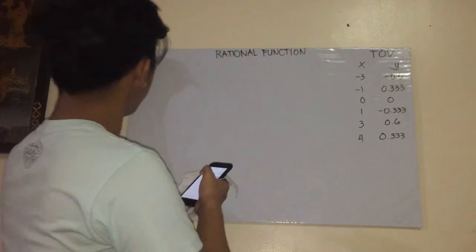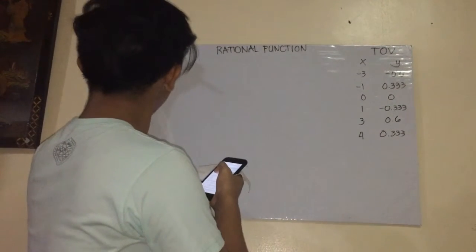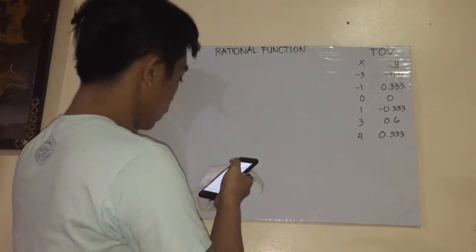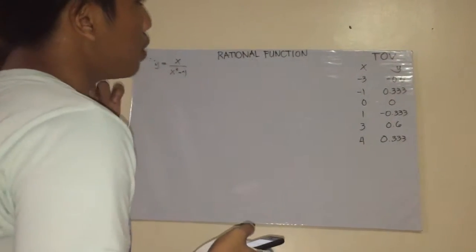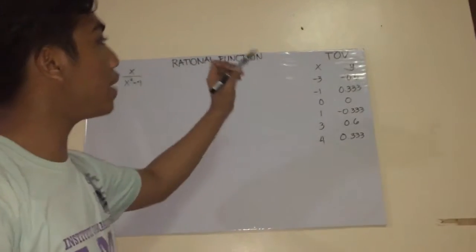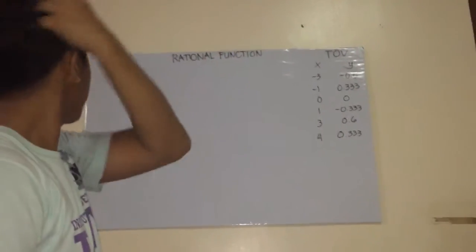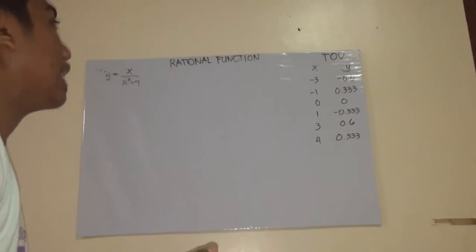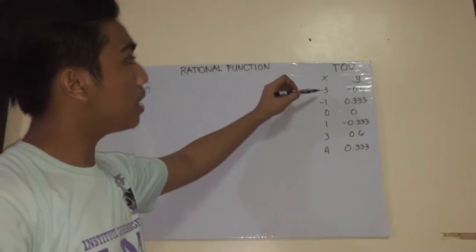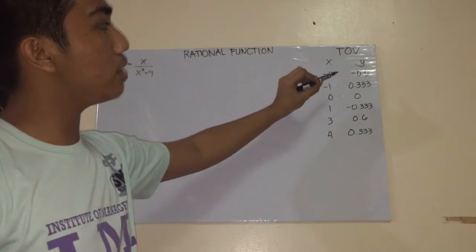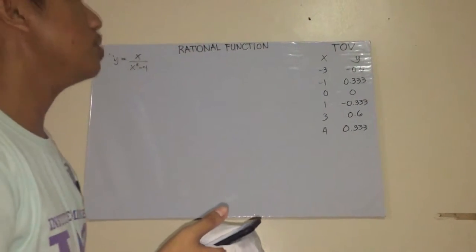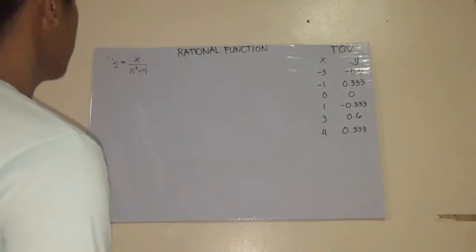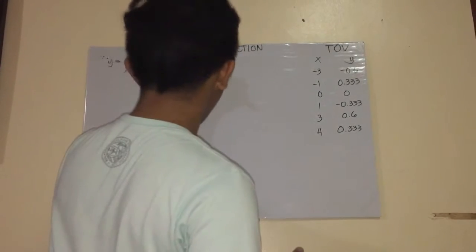So again, yung value natin is y is equals to x all over x squared minus 4. So para makuha yung mga values natin, nag-assume tayo ng x values, then hinanap natin yung y values nila. So ito yung mga nakuha natin. Negative 3 for x, tapos ang value ng y is negative 0.6. So mag-graph tayo.